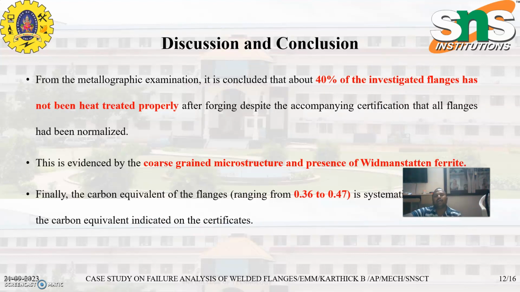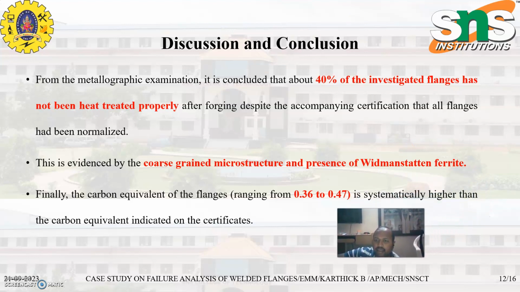From the metallurgical examination, it is concluded that 40% of the flanges investigated had not been treated properly, which means they were not heat treated properly after forging, despite the accompanying certification that the flanges had been normalized. This investigation proves that many of the flanges were not normalized evenly.